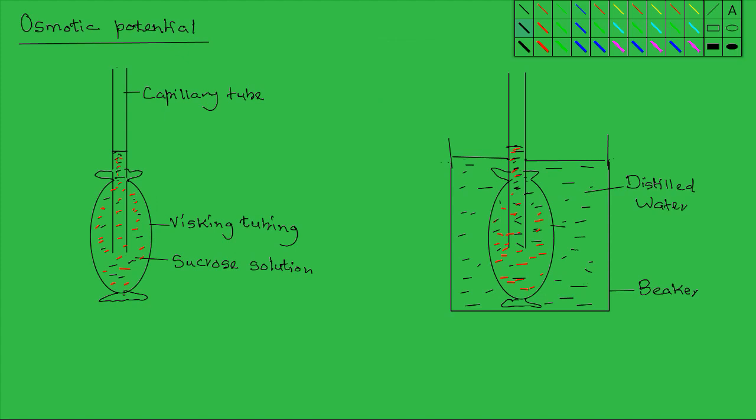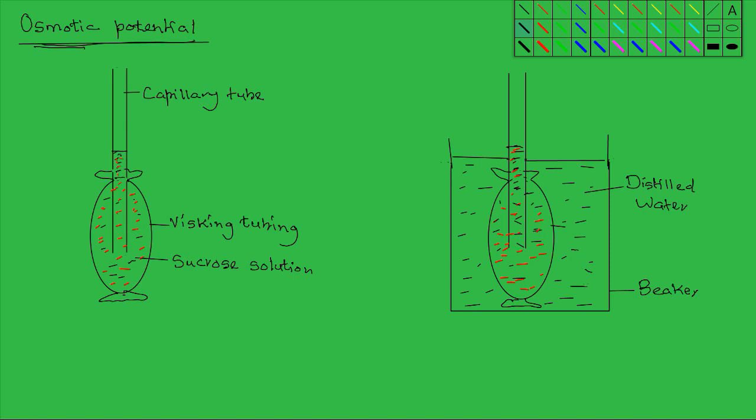So a solution, like for example this sucrose solution contained in a Vissking tubing that is not separated from another solution or water by this semi-permeable membrane, has an osmotic potential. It's not osmotic pressure, it is a capacity, the hidden osmotic pressure.